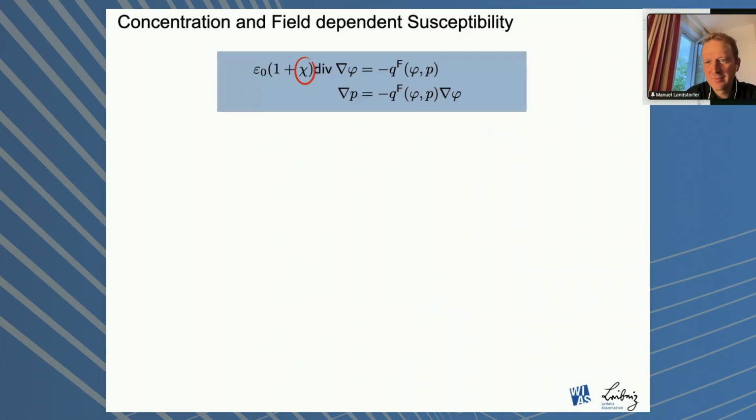And I think this is a good point to stop here for today, because the next branch in part 2 will then cover what is happening when the dielectric constant does not remain a constant anymore, but becomes field and concentration dependent.